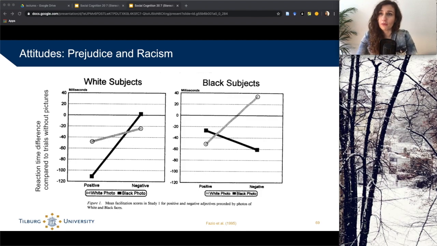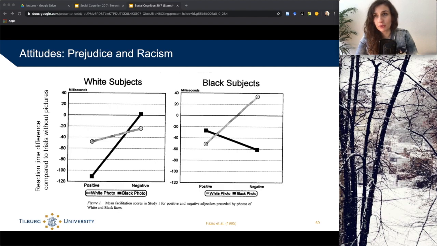And here is actually evidence for this experiment like I just showed you. So for now, let's just zoom in on the data for white participants who were either primed with a picture of a white person or a picture of a black person, and then were asked to categorize positive and negative words. And what we have on the y-axis is the reaction time difference compared to trials without pictures.